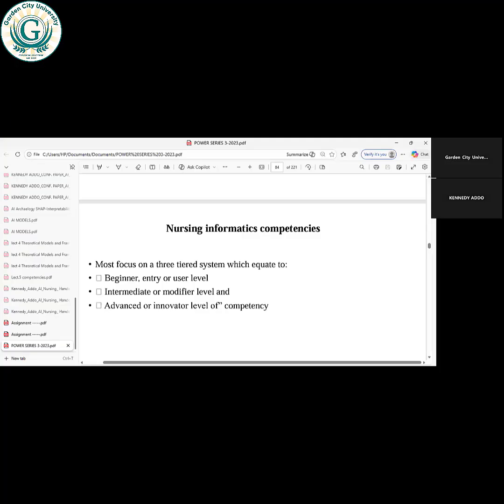We are going to look at the core information, or the core traits, that these competencies should show, noticeable or seen in either a beginner, intermediate, or advanced.